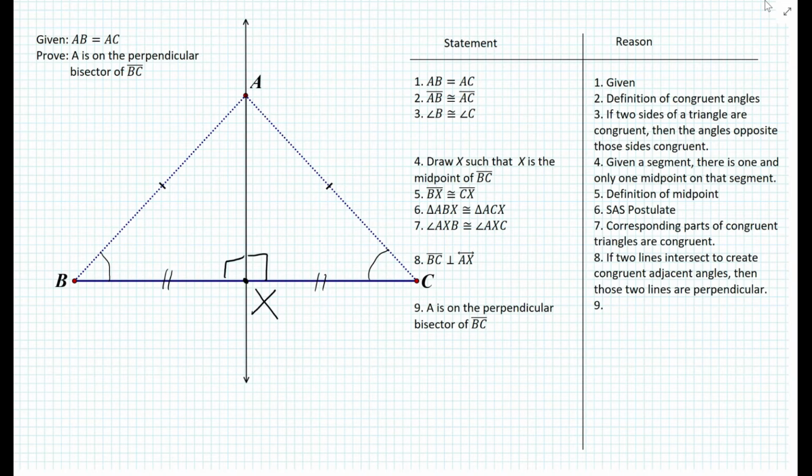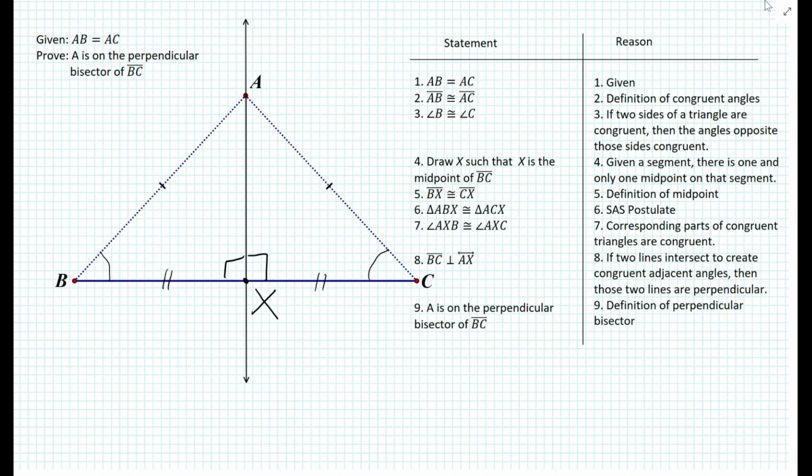So hence, the last step on the proof is A is on the perpendicular bisector of segment BC. Why do we know that? Well, we know it's the bisector because we actually proved it here, right? We know that it divides the segment into two congruent segments, and we know it's perpendicular because we have proven it here. So the reason is the definition of perpendicular bisector.